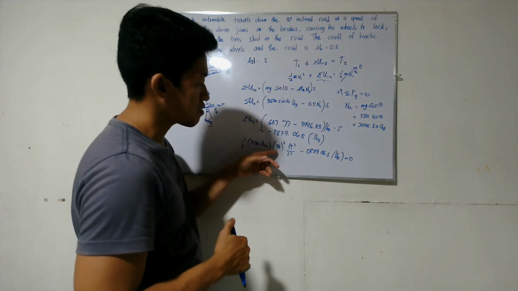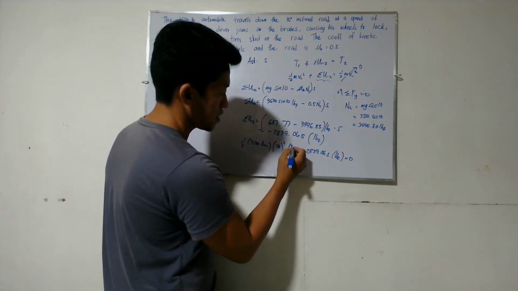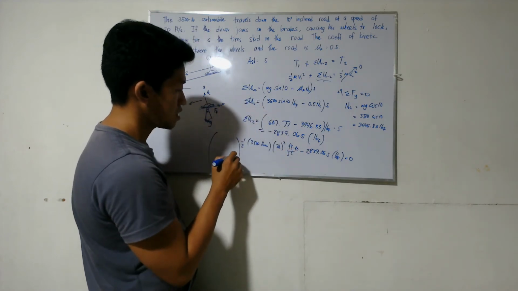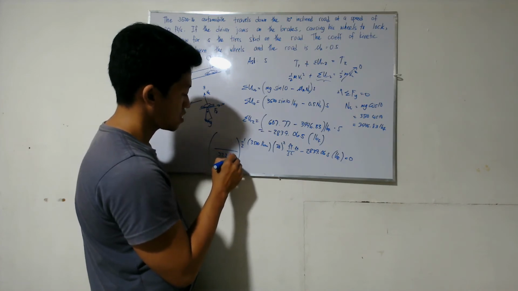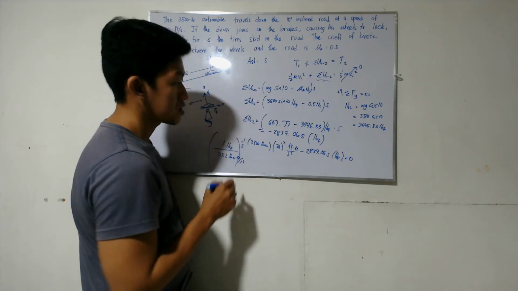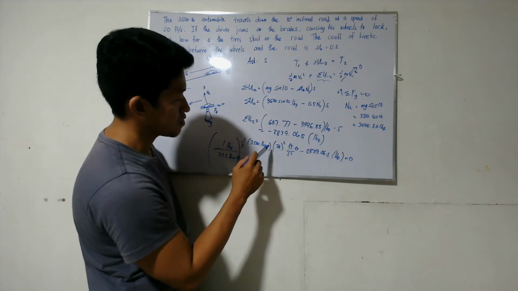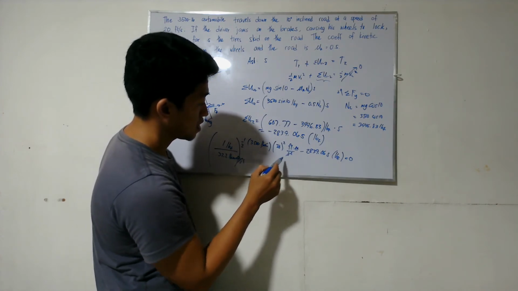So to make the units the same, we convert this. Feet squared, so we need feet. So we convert 32.2 pound mass feet per second squared to 1 pound force. Okay, for the same unit, these cancel.